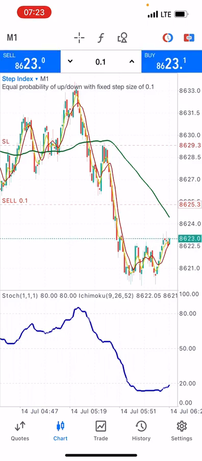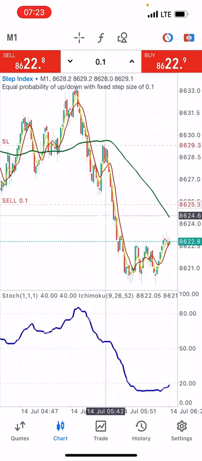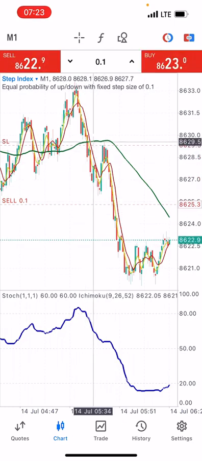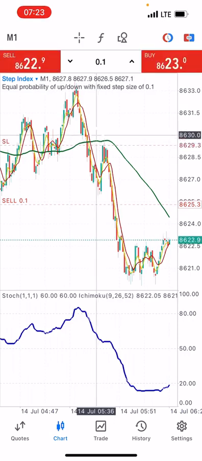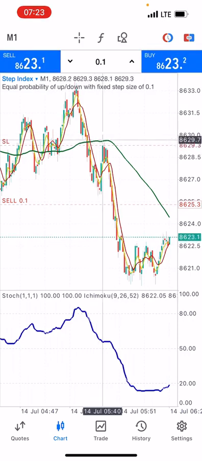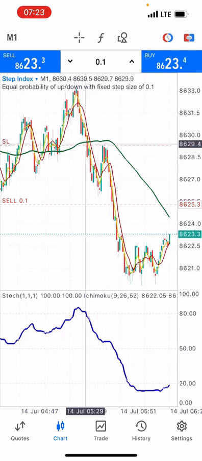Okay, so now what do you need to see before you can place a sell on this strategy? You can place a sell on this strategy when you see this green moving average cross above the chart. First point, this is the first confirmation. Green moving average cross above the market chart, that is the price.